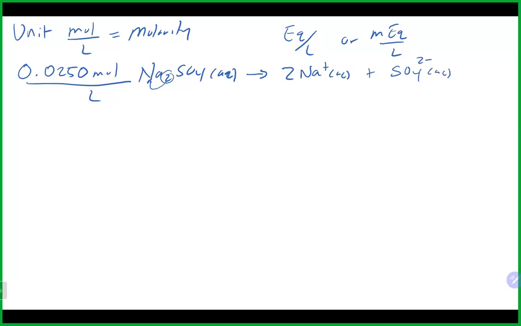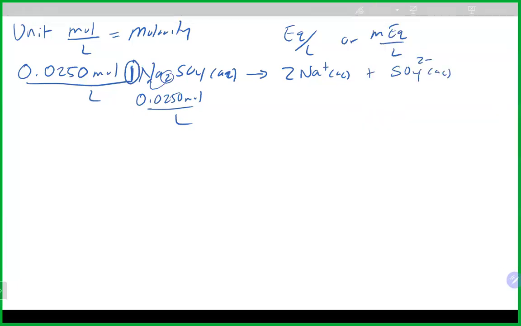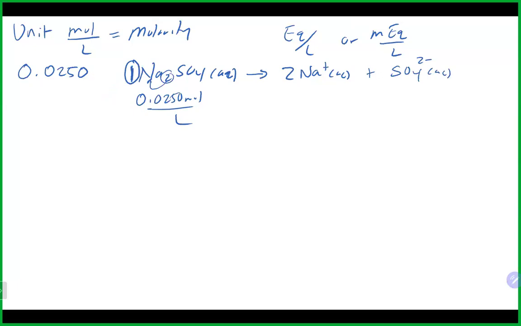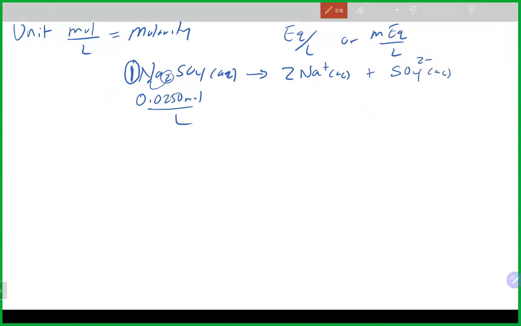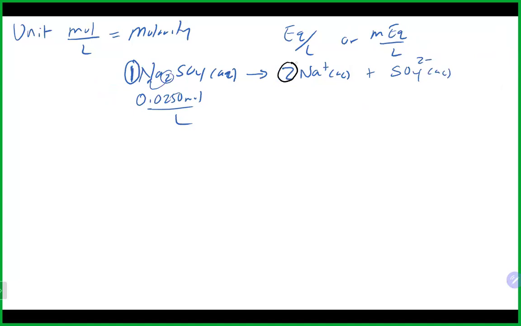Now, how molarity works is it's kind of like stoichiometry. We can use the mole to mole relationship for these things. So, for every one of these whole things that I have, 0.0250 moles per liter, for every one of the entire ionic compound that I have, I get not one, but two of these sodium ions.